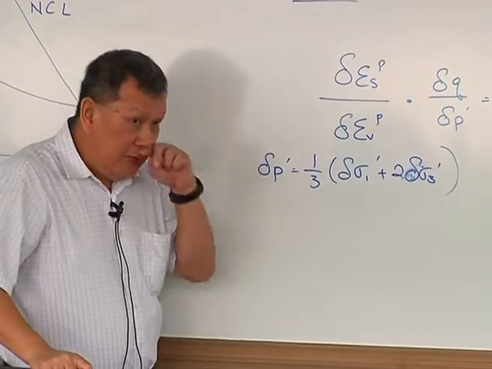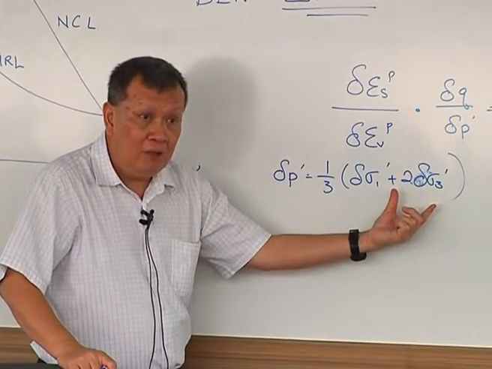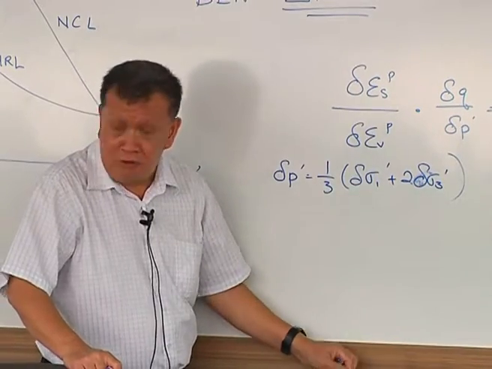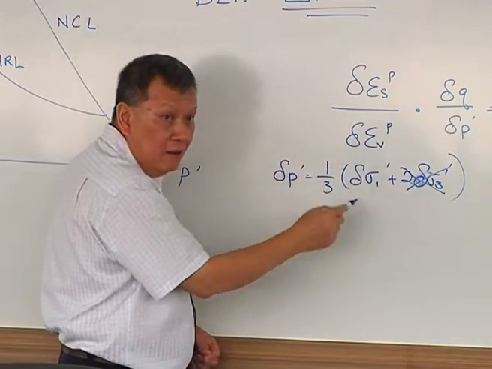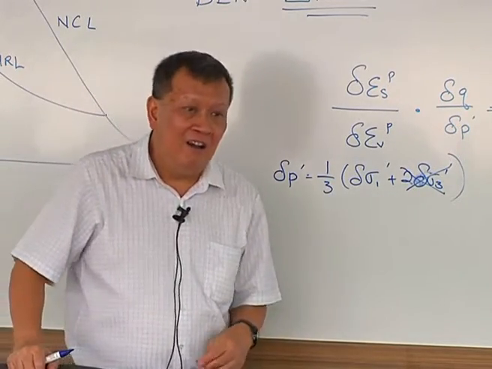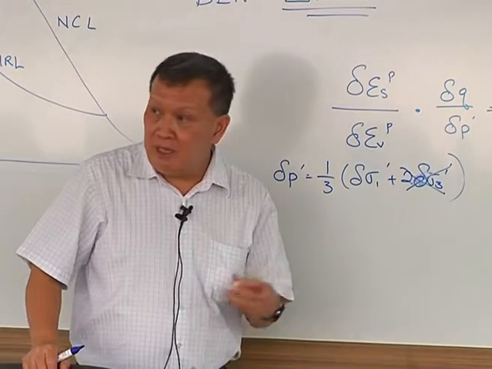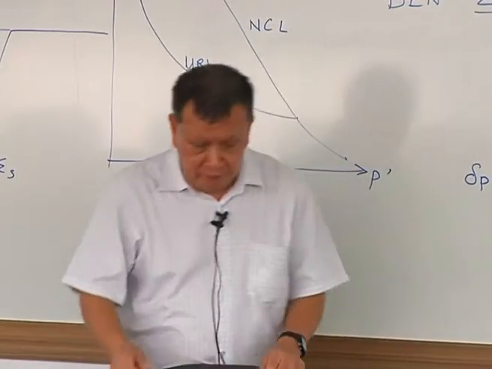In a triaxial test, in a drained test, the delta sigma 3' is 0. There's no change in sigma 3, so this part disappears. But during unloading, delta sigma 1' is negative. So in fact, your p' is decreasing. That's the main thing. The mean effective stress is actually decreasing.